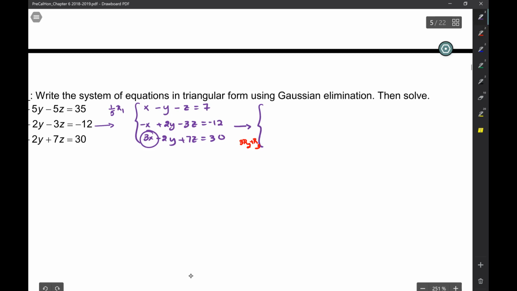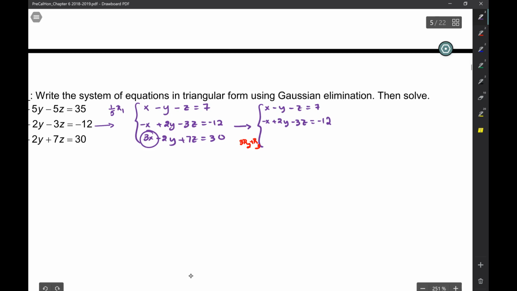No, so why don't I just copy those down? I'm changing the circled one, the 3x. I know it's tiny. Okay, so I copy down the stuff that I'm not changing. Now this is going to get replaced.